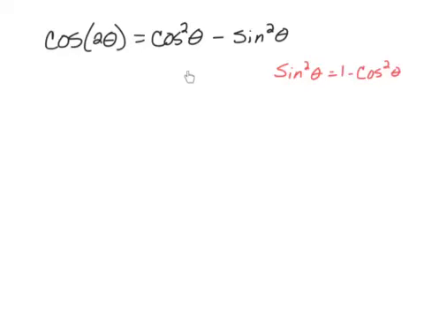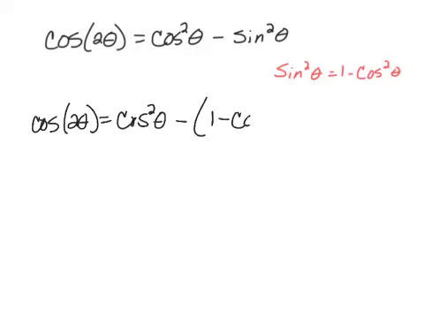So the third way to write this identity is to replace the sine squared with 1 minus cosine squared. So here's what this looks like. Cosine of 2 theta is equal to cosine squared minus, in parentheses, 1 minus cosine squared.